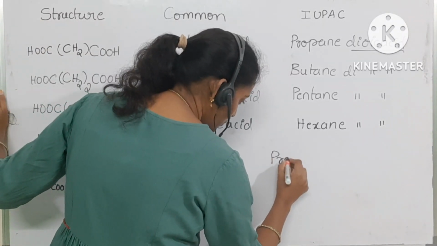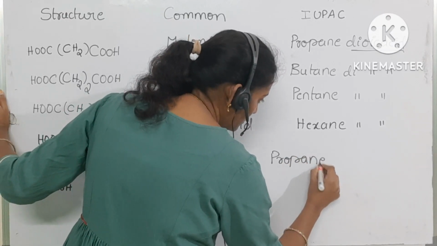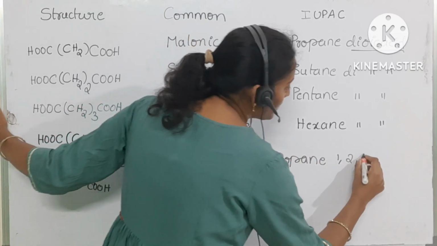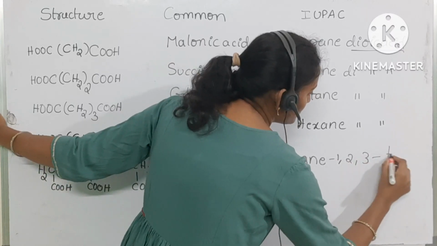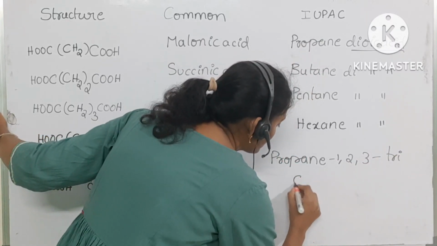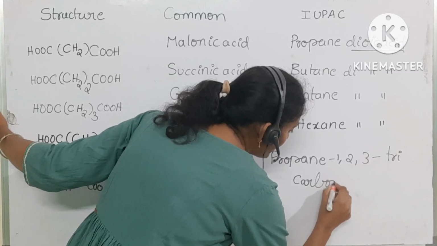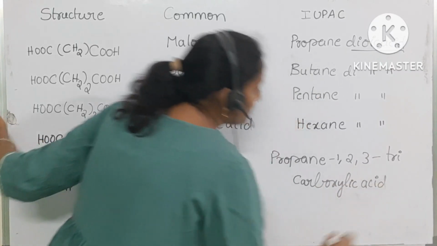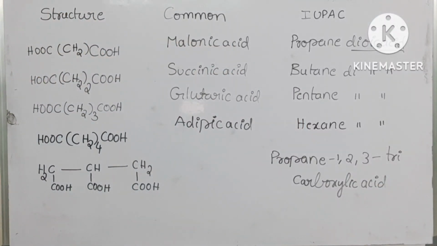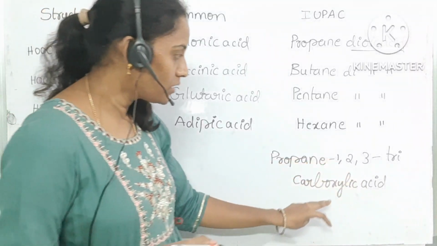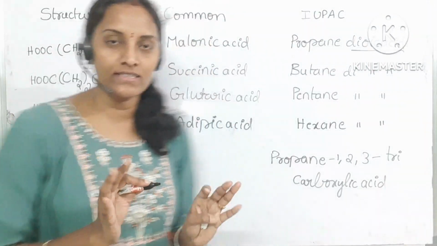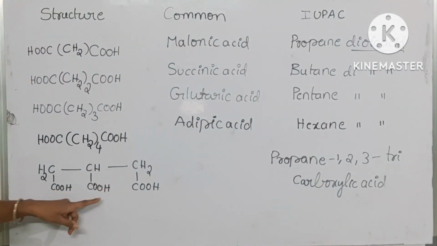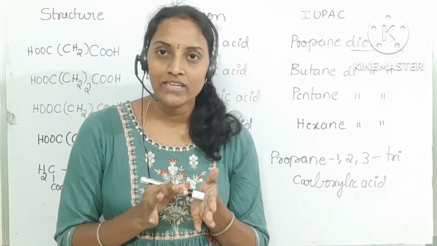Three carbon atoms, so propane 1, 2, 3 tricarboxylic acid is the name for this type of carboxylic acid.